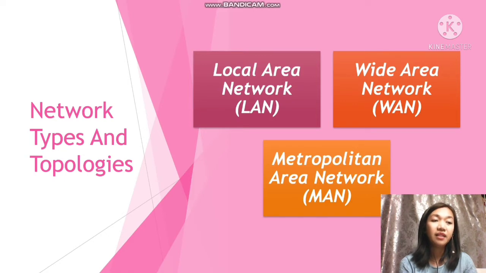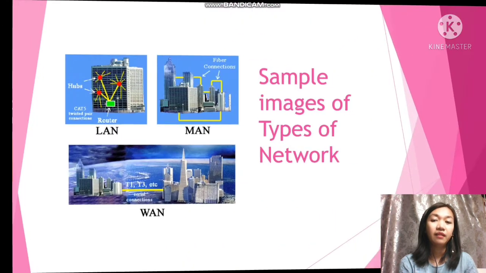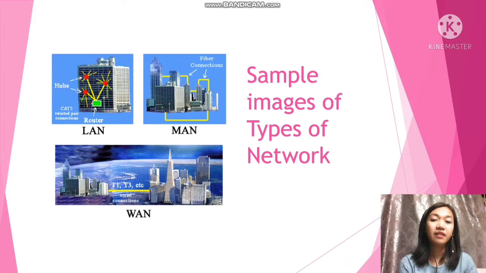A MAN is larger than a LAN, which is typically limited to a single building or site. Depending on the configuration, this type of network can cover an area from several miles to tens of miles. So here are sample images of the types of network.